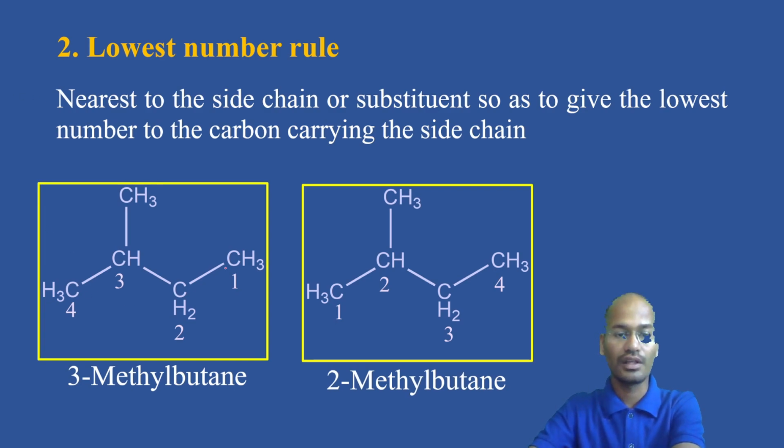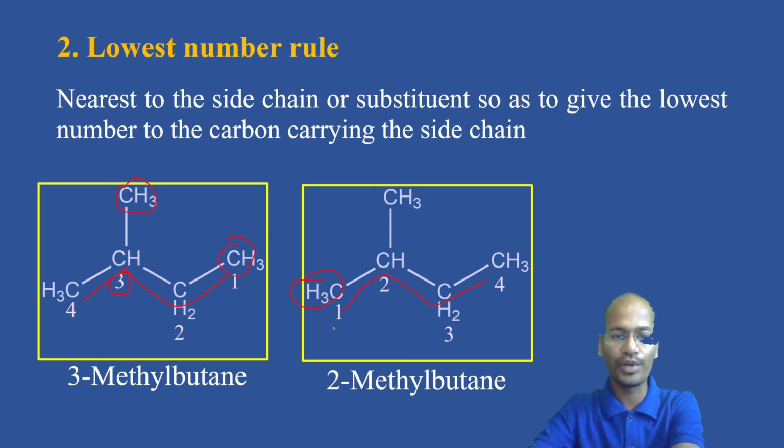Here, numbering was started from this carbon and it was proceeded 1, 2, 3, 4. And here the numbering was started from this carbon. The chain was proceeded as 1, 2, 3, 4. In both the cases, the same chain was selected as the longest possible chain. And rule number 1 applied. Rule number 2, the least possible. If you are starting numbering from this, the substituent, that is the methyl group, was given a third number.